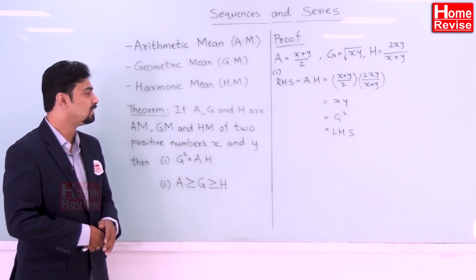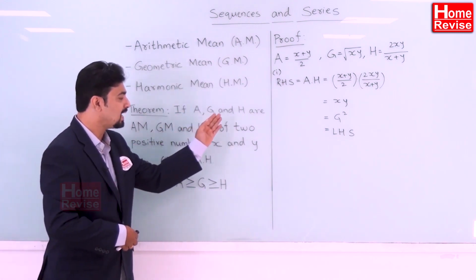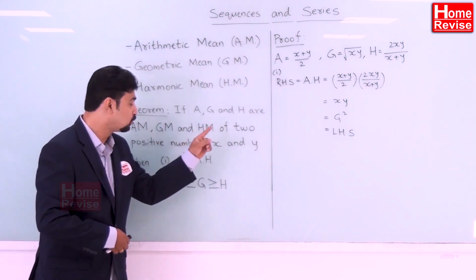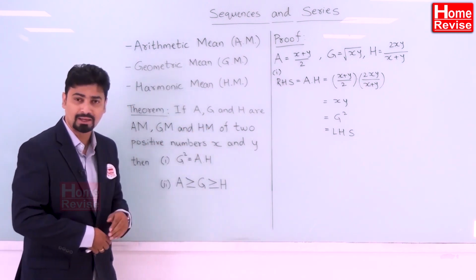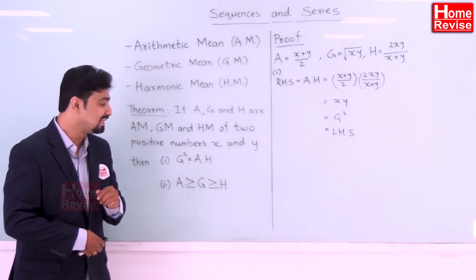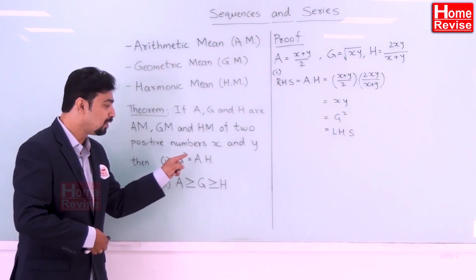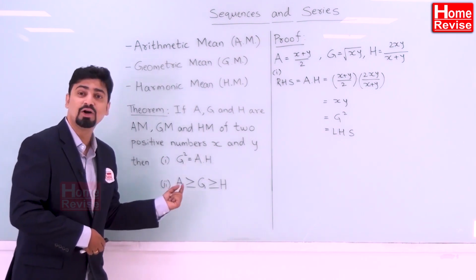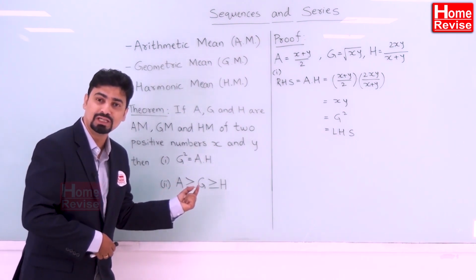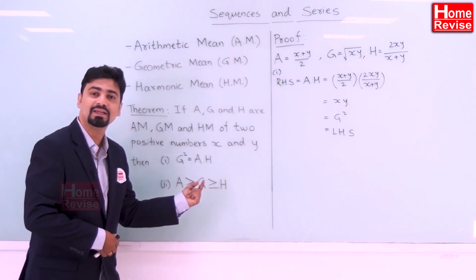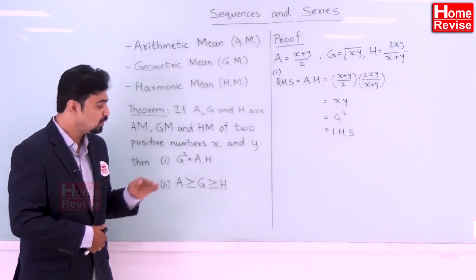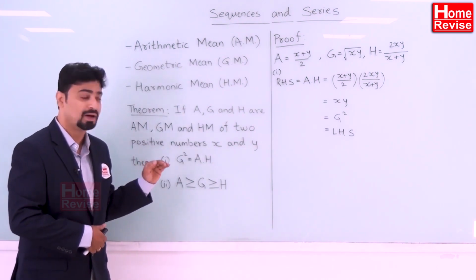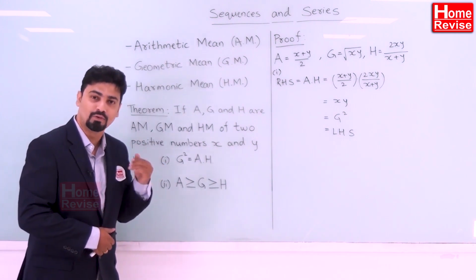The theorem states that if A, G and H are the arithmetic mean, geometric mean and harmonic mean respectively of 2 positive numbers x and y, then G square is equal to A into H, and A is always greater than or equal to G, which is always greater than or equal to H. So these are the two relations which we have to prove here and which we will be taking as our proved statements for the further sums.